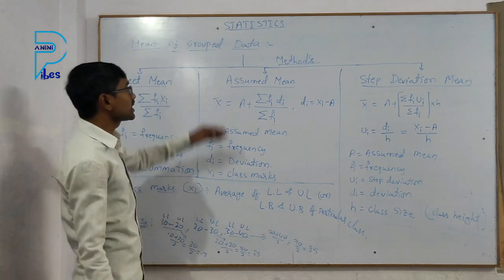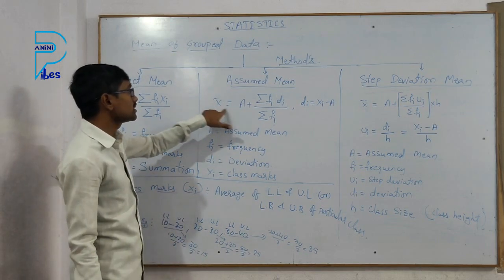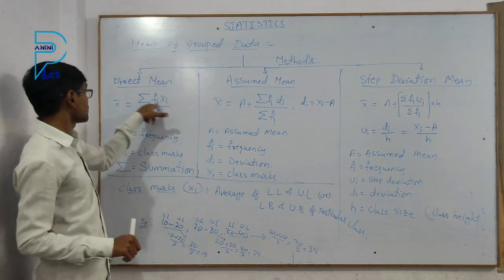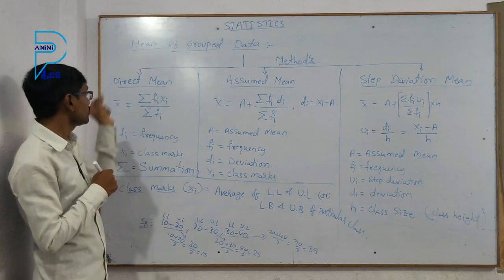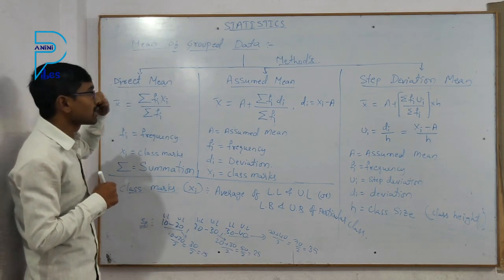Okay. Now coming to the next, that is the assumed mean method. So x bar is equal to, okay, here xi is representing class marks and x bar is representing mean. From infinite values we are taking a finite value. So we are representing the mean as x bar.